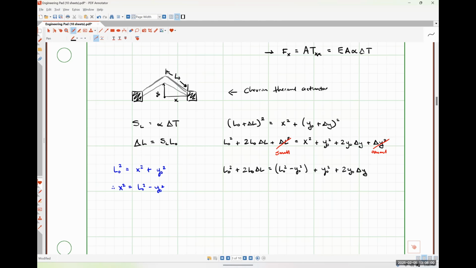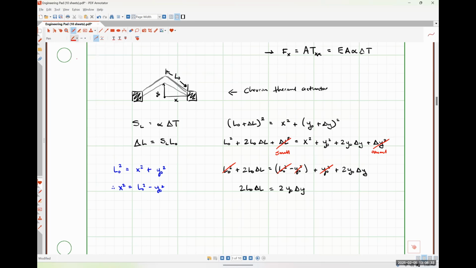Have I screwed up any algebra yet? Okay, so I've got an L naught squared on this side and an L naught squared on that side, so they cancel each other out. I've got a minus y naught squared here and a plus y naught squared here, so they cancel each other out. And so all I'm left with is twice L naught delta L is equal to twice y naught delta y.